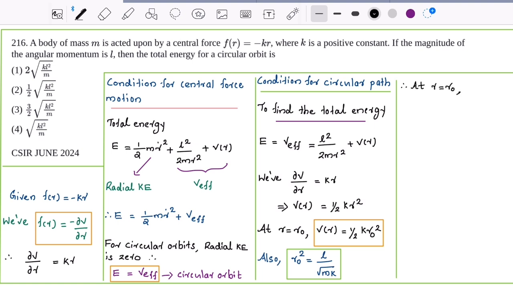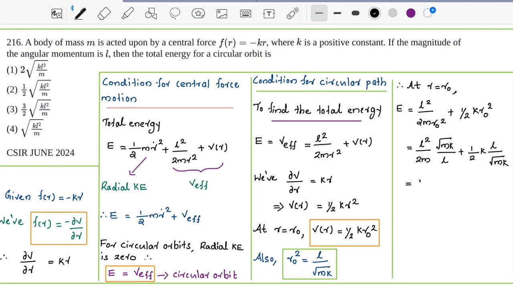That is, at r is equal to r0, the total energy E is equal to L square by 2m r0 square plus half k r0 square. We have r0 square is L by root mk. Therefore, let us substitute the value of r0 square in the equation for E.